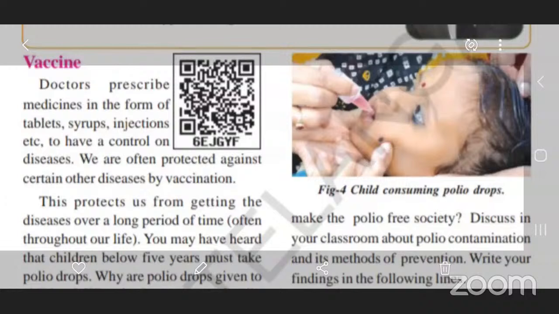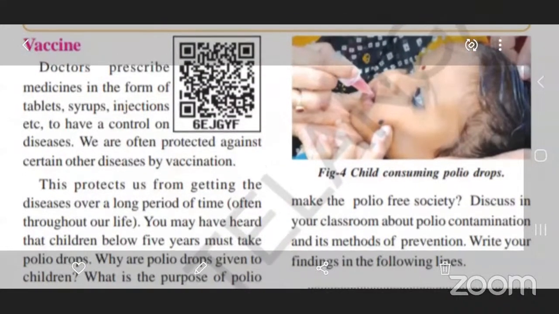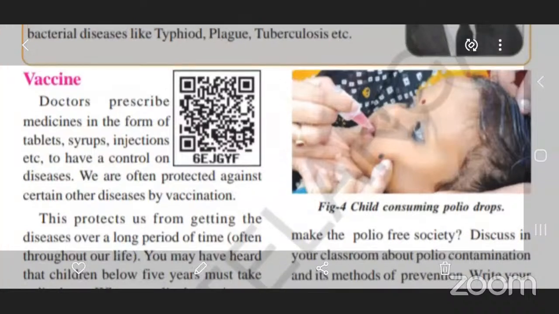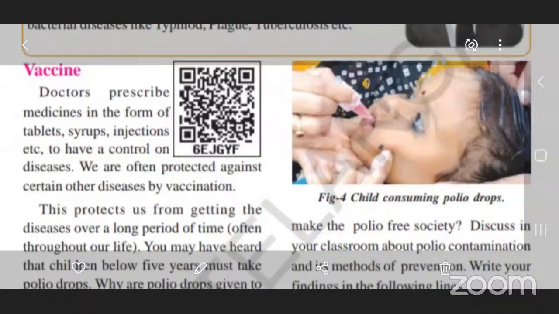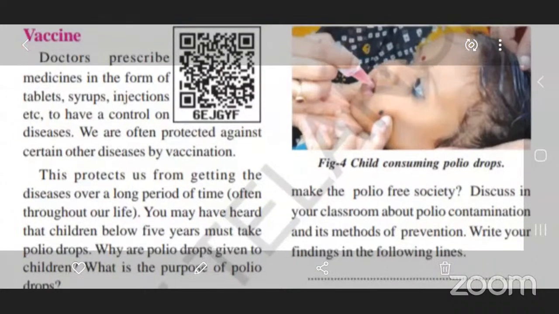That's why we give it in injection or drops form in childhood. The government arranges camps, as you know, like Polio Advaram. Here a child is consuming polio drops to prevent polio, because vaccine can prevent the disease. Doctors prescribe medicines in the form of tablets, syrups, injections, etc. to control diseases.